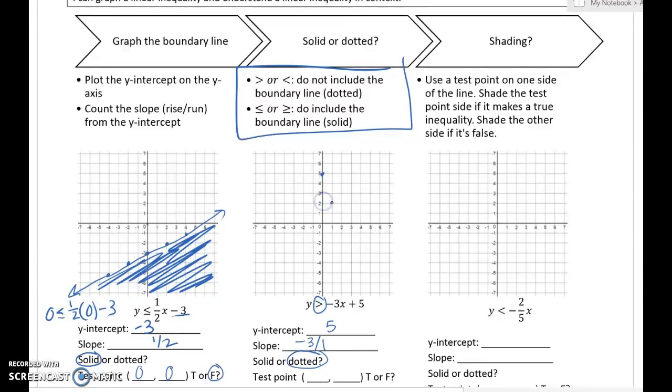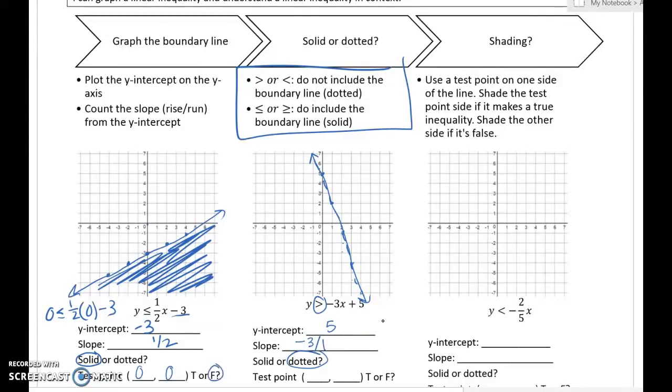Down 3/1, down 3/1, and one more for good measure, and then we can connect that. We have our slightly wobbly line. Okay, except I didn't make it dotted. So let's fix that. That should actually be a dotted line.